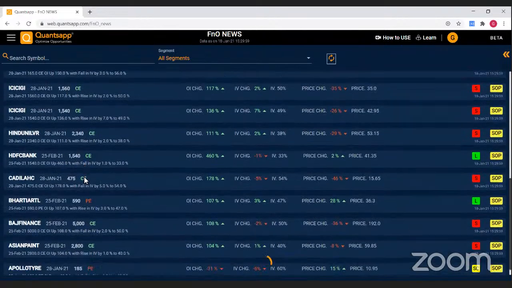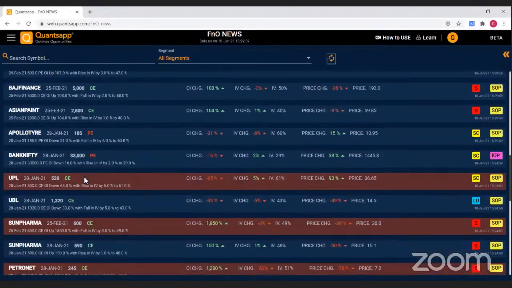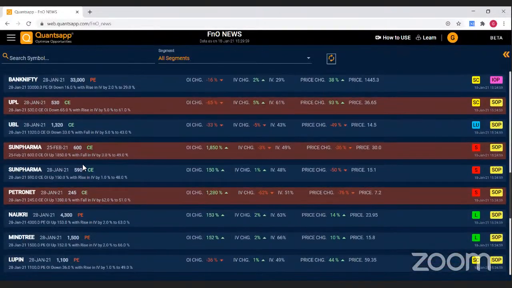Then if I go more, Sun Pharma. Same with Sun Pharma as we saw in ICICI General Insurance. 590 call option, 600 call option, there's a short build up going on. Market participants don't want the prices to go above 590, 600. That's why in the Sun Pharma 600 call option you can see the OI change is nearly 1850%.